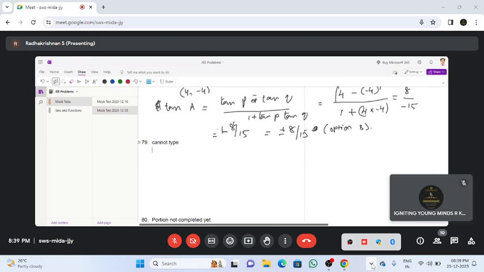This is a problem in matrix, so I could not type it. So I'm going to write it here.